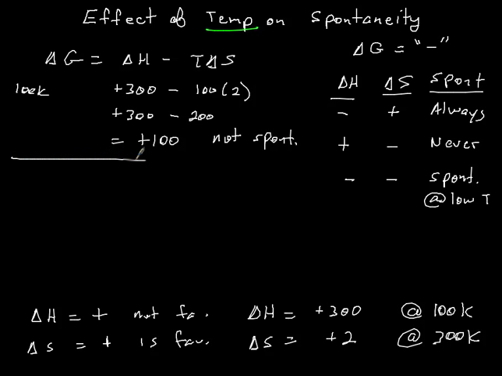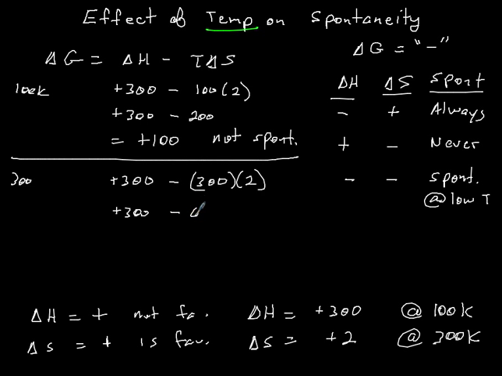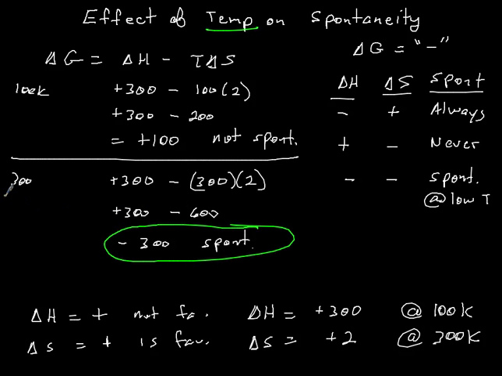Okay, let's reevaluate at 300 K. So delta H is 300 still, minus a new temperature of 300 times 2. So that's positive 300 minus 600 gives you negative 300. Now that is spontaneous because our sign is negative. So once again, we are spontaneous at 300 and we are not spontaneous at 100.